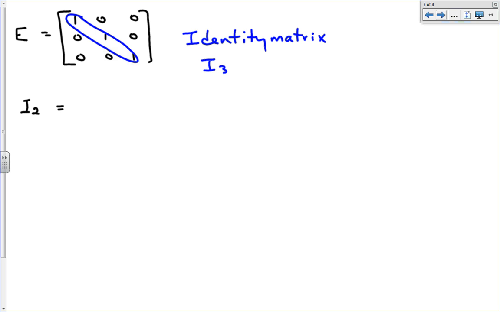I2 would be the 2 by 2 identity matrix, which would look like this. You can have I4, for instance, which will be a 4 by 4 identity matrix, where you've got 4 ones along the diagonal and everything else are zeros.